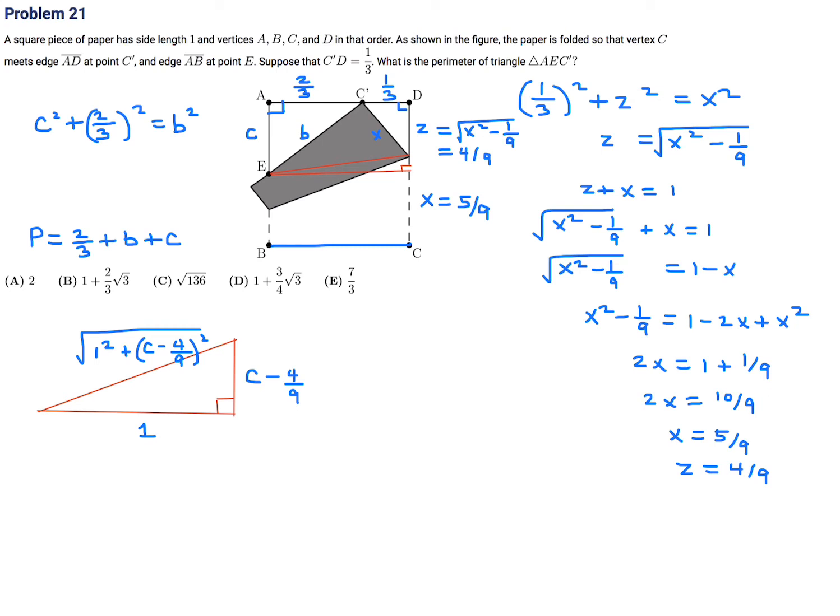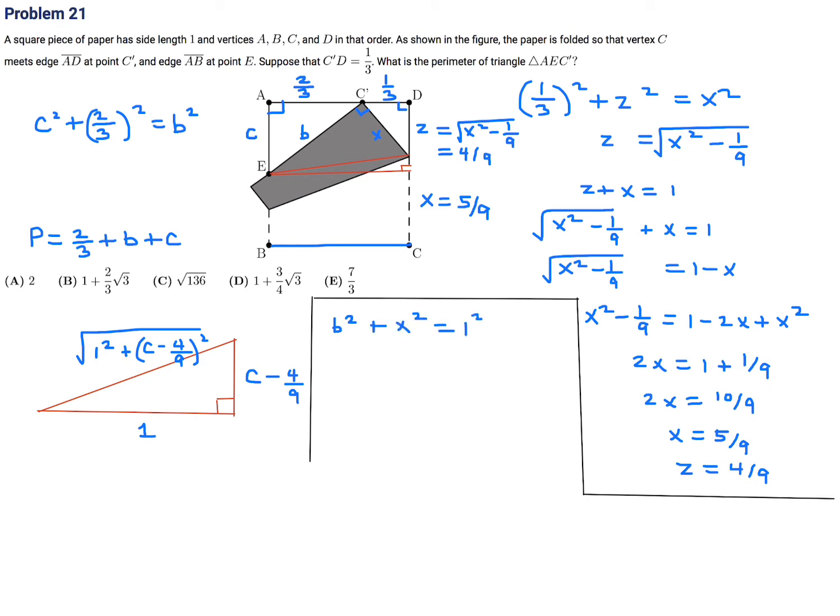And then now I can use this triangle right here and a Pythagorean relationship, since that is a right angle right there. So that would give me the following: B squared plus x squared is that hypotenuse squared. So 1 squared plus C minus 4 over 9 squared, like that.